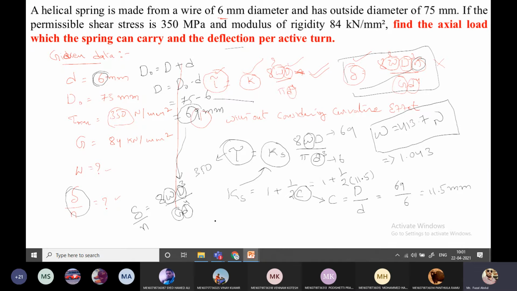Everything is there; you only have to substitute the values and get the answer. 8 into 413.7 into 69 power cube, by G value given as 84 into 10 to the power of 3, into 6 power 4. Now tell me the deflection per ton, how much? Make it fast, Babu.